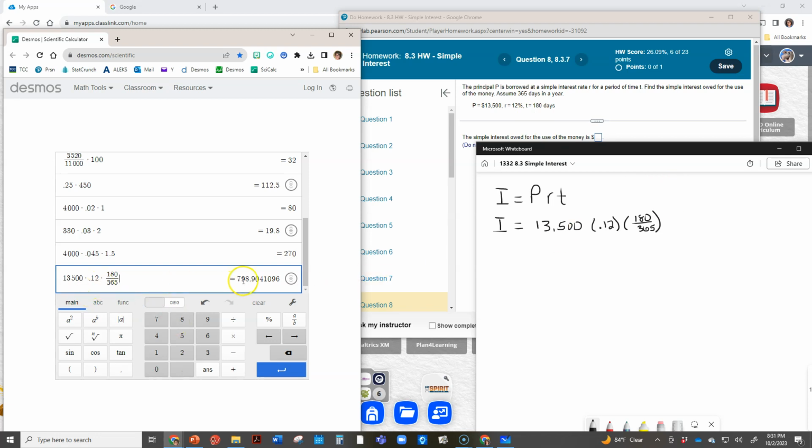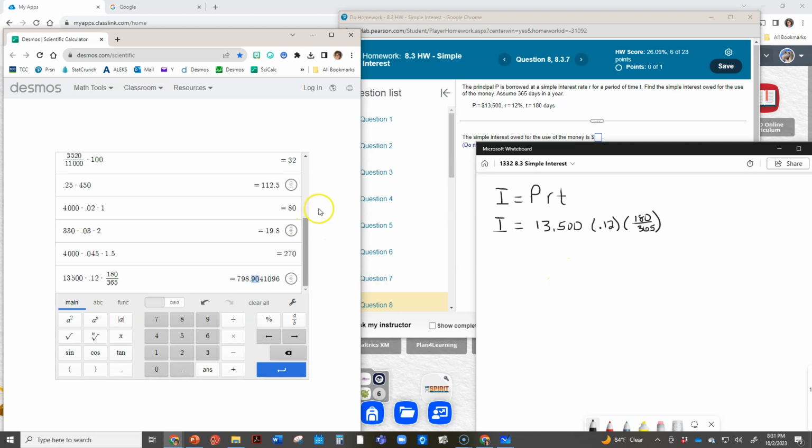So anyway, you type this in, and you get $798.90, rounding money. You use your rounding rule. There's your 2 decimal places. This 4 is telling me to leave my 0 a 0.